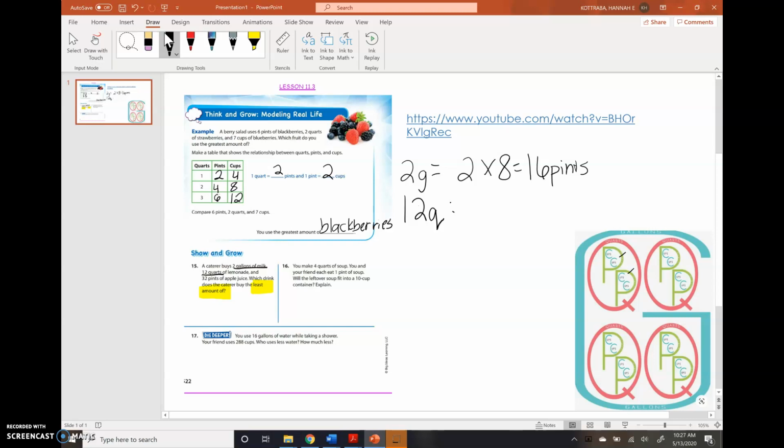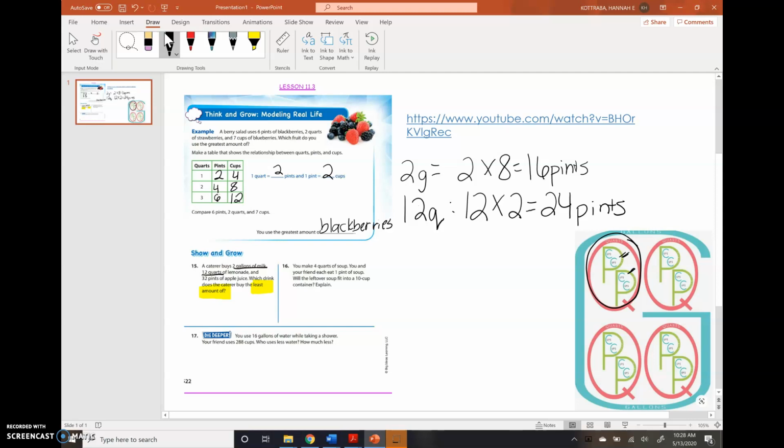So we're going to do 12 times 2, because there are 2 pints in 1 quart. See? 2 pints in 1 quart. And we have 12 of those. We have 12 quarts, so that would equal 24 pints total.